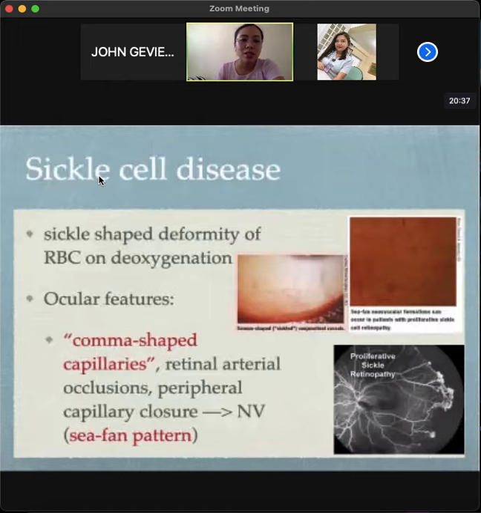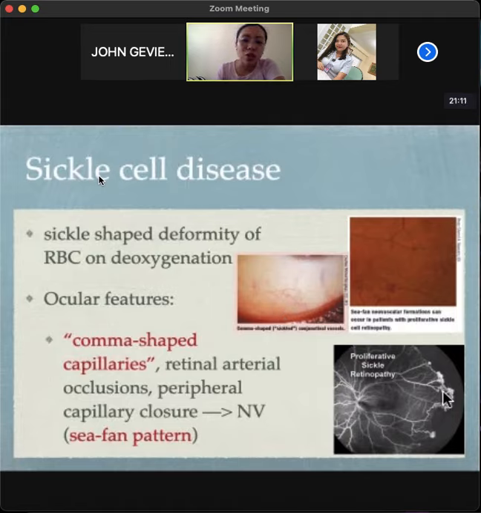Sickle cell disease is a heritable abnormality in the blood. There is a sickle cell deformity of your RBC. In the retina or on the conjunctiva, you would see what we call comma-shaped capillaries here on the conjunctiva.